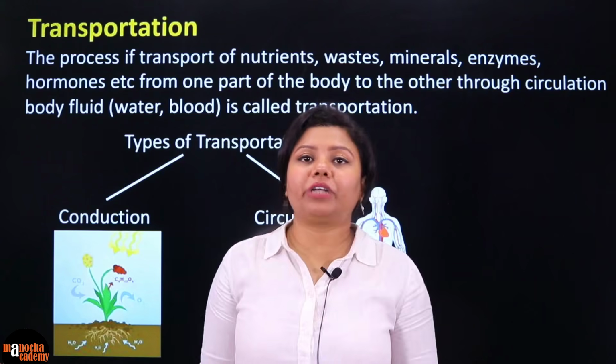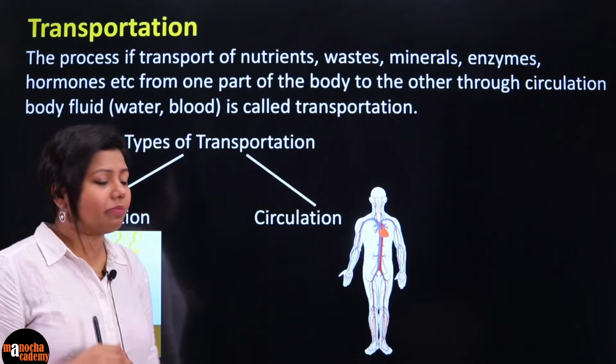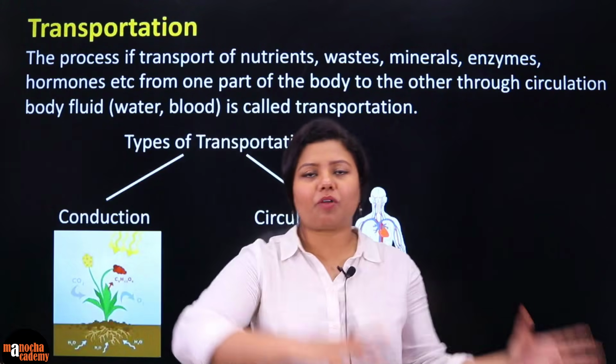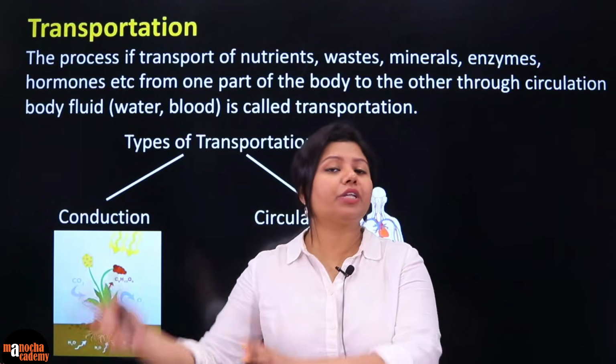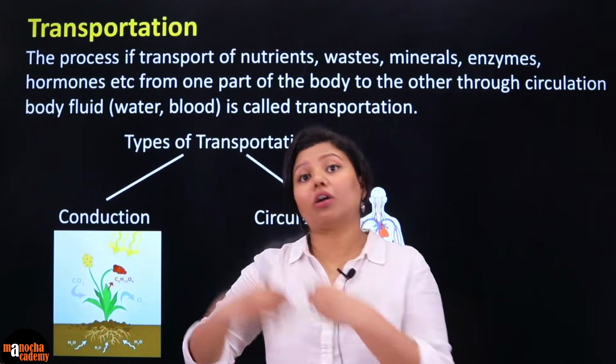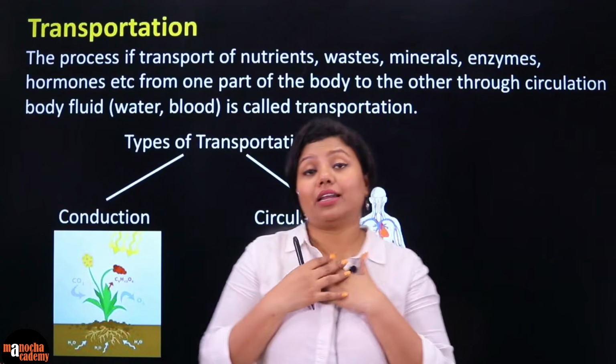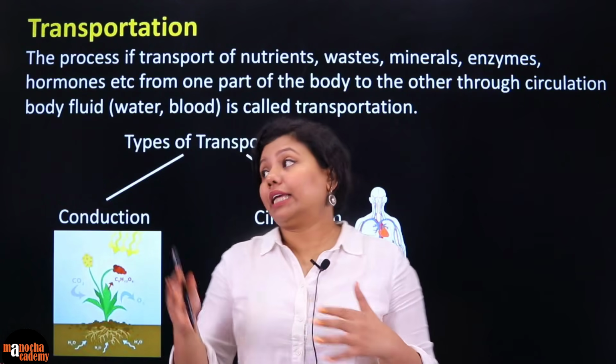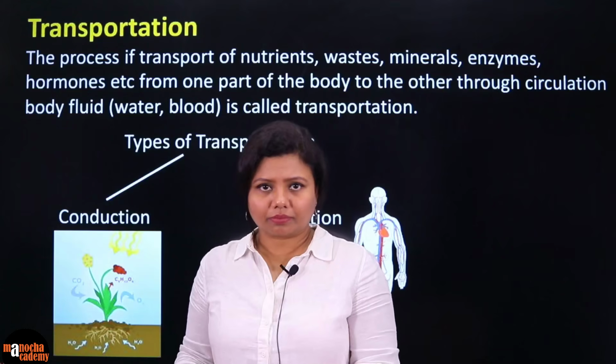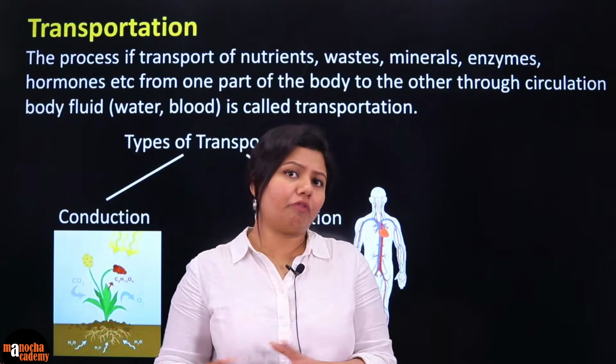Next process, transportation. Transportation is the process by which we transport substances from one place of the body to another, one tissue to another tissue, one organ to another organ. Like in our case we have blood, in case of plants they have water, food that is transported from one place to the other.